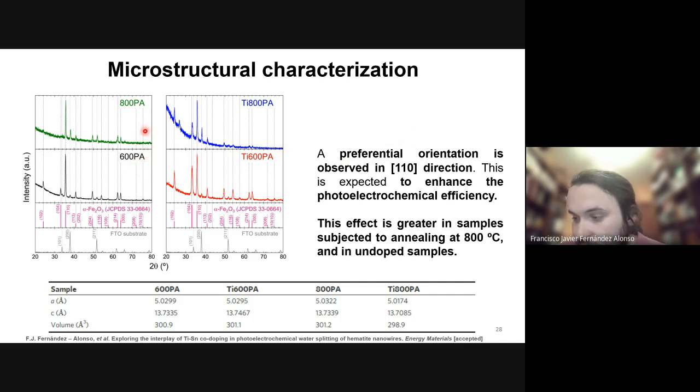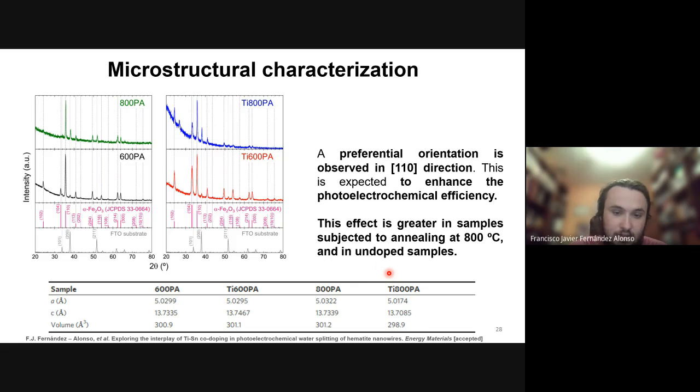We perform some Rietveld refinement, and we see how the samples that are not doped with titanium present similar lattice parameters with both annealing approaches. When we introduce the titanium, we see that when we apply the high temperature annealing, the lattice parameters are reduced.